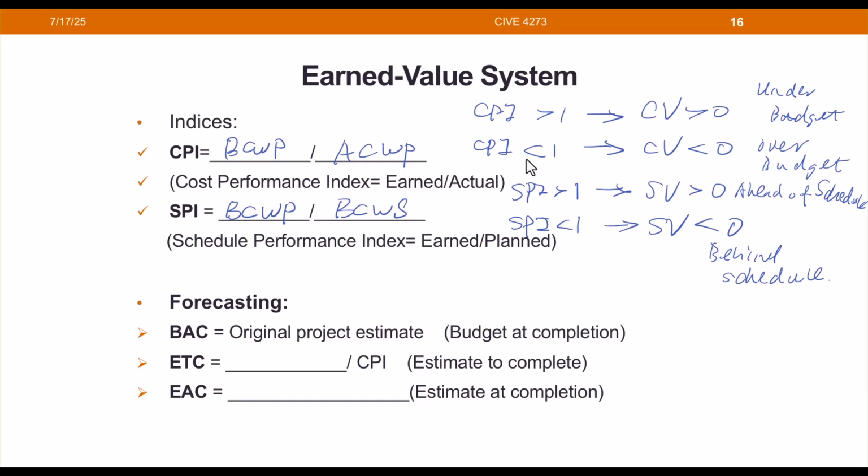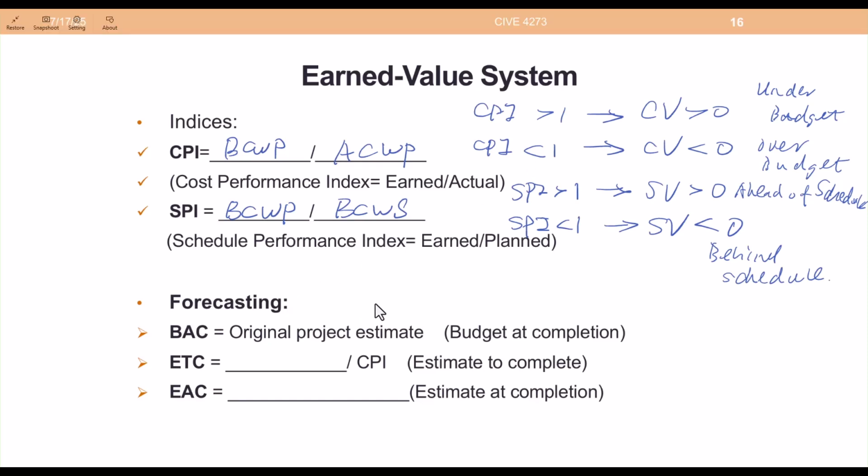You have a cost overrun. So for the schedule variance, if that's greater than 0, you are ahead of schedule. If your schedule variance is smaller than 0, that's a negative value, which is the bad result. We are behind our schedule. So that's one way for you to memorize what the cost indexes and the schedule indexes really mean to you.